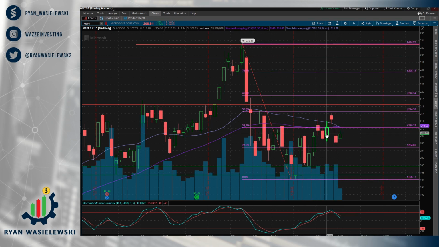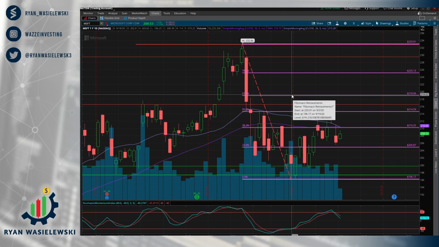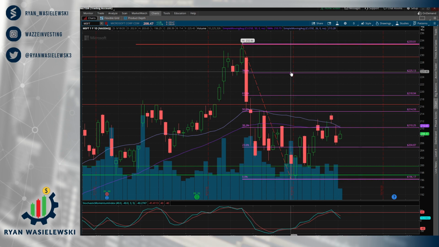This one occurred a little bit on this candle here, but it really wasn't that active anywhere else. Potentially at the tip of this candle it was pretty close, but otherwise we couldn't have known about this one. Next, above that we have the 214.5, and then that's the 50% level, and then also we have the 218.94 and the 225.13.